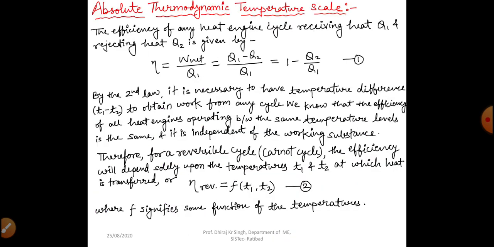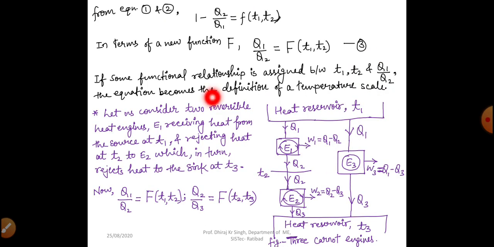Now from equations 1 and 2, we can write 1 minus Q2 by Q1 equals F of T1 comma T2. In terms of a new function, capital F, Q1 by Q2 is a function of T1 and T2.